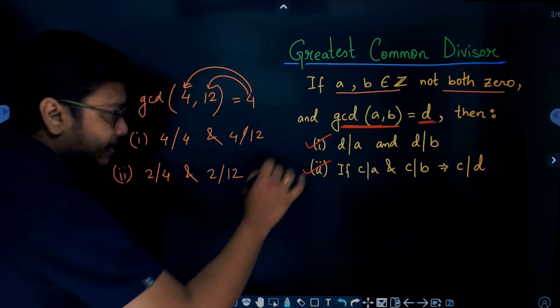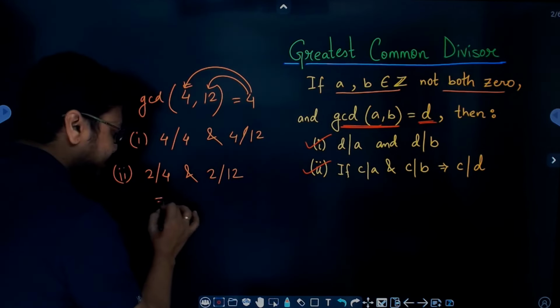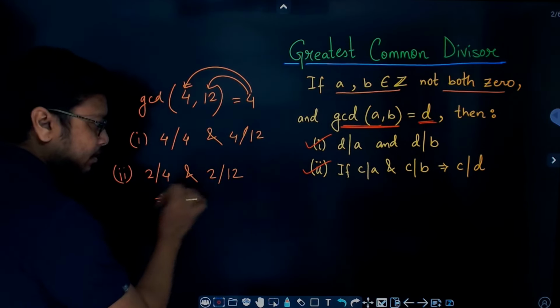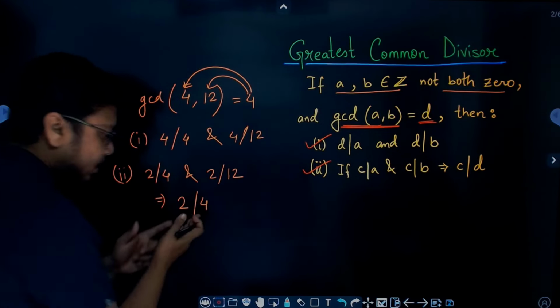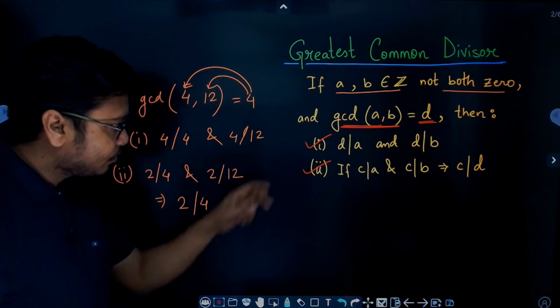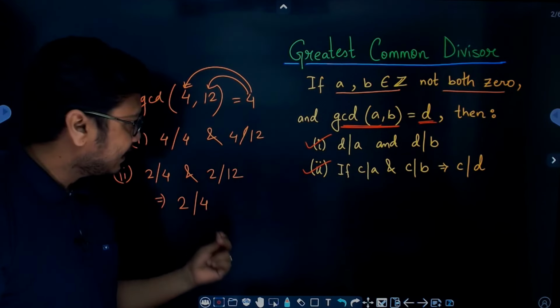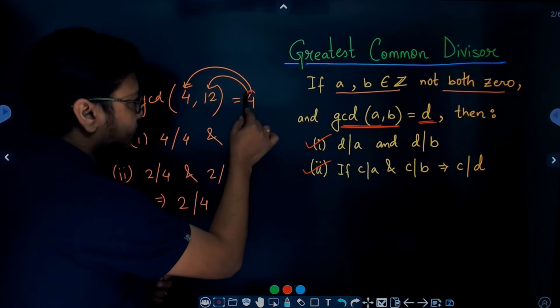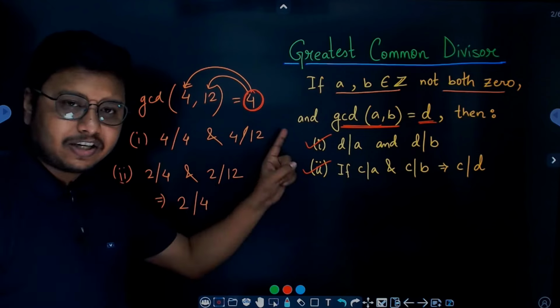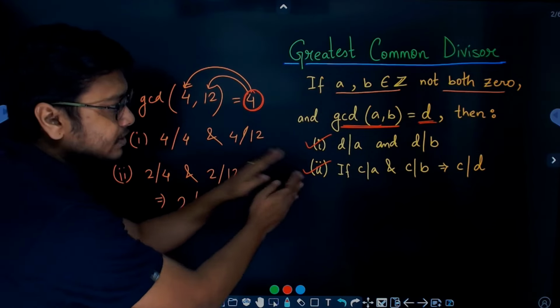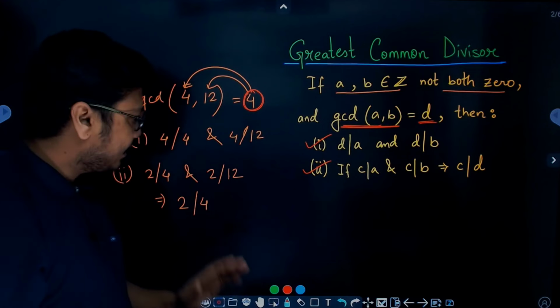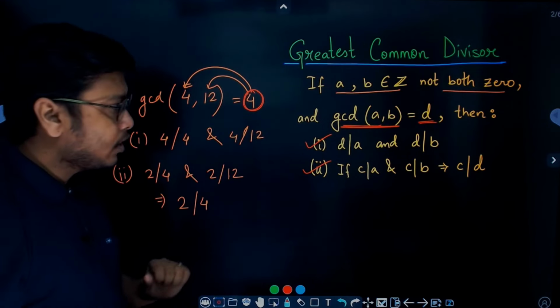Then it is stating that this new number 2 must divide the GCD. So 2 divides 4, and that's definitely true. So both the properties are satisfied. That means the number that I've chosen here, 4, is the correct GCD of 4 and 12. I hope both the properties are understandable with this example.